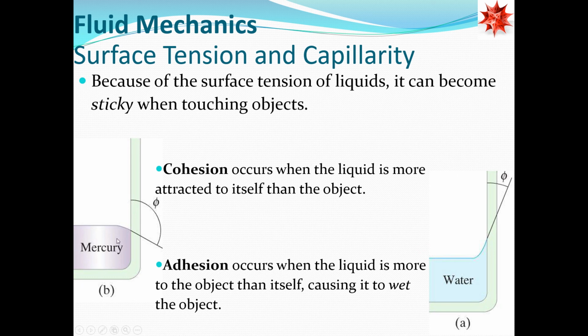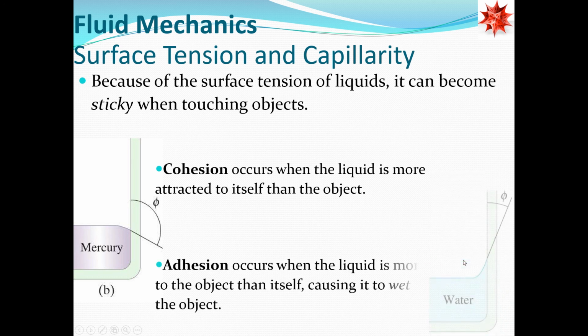A good example of something with very high cohesion is mercury, as opposed to water, which does the opposite. It has very high adhesion, meaning that it's much more sticky to the object than it is to itself.